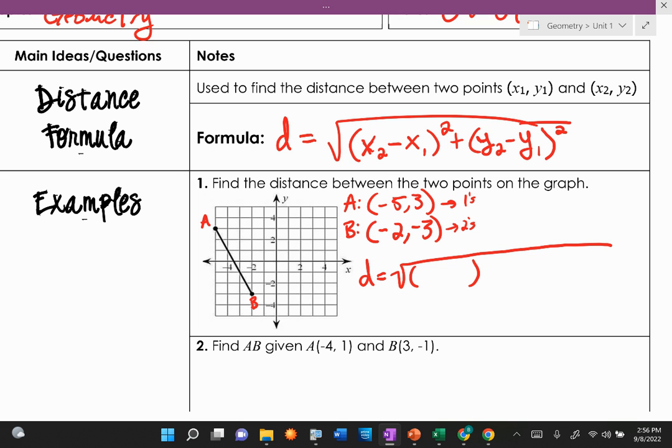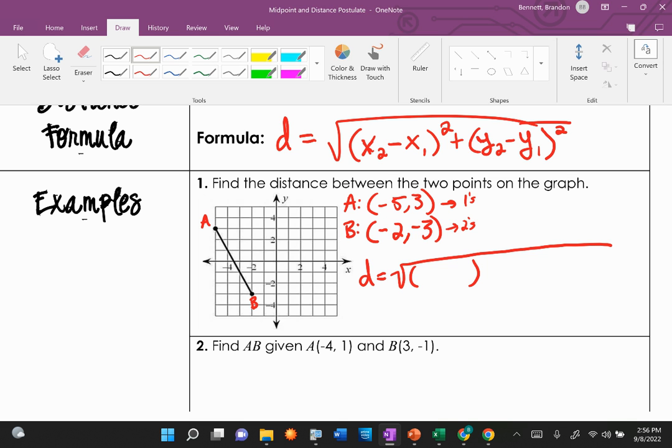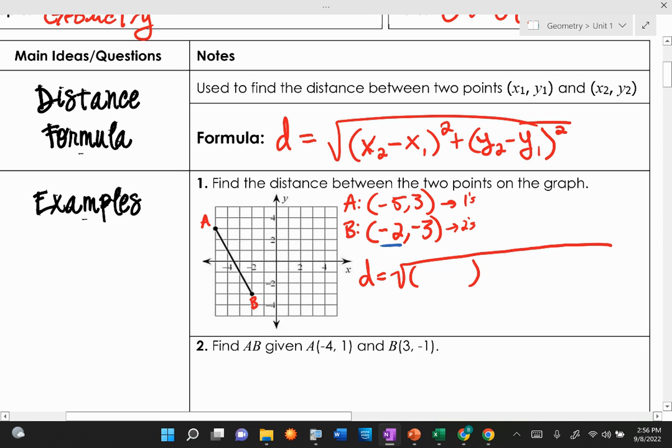That's our first value in point B right here. So negative 2 minus the other x value, which is our x1 of negative 5. Is it negative minus negative, adding them?